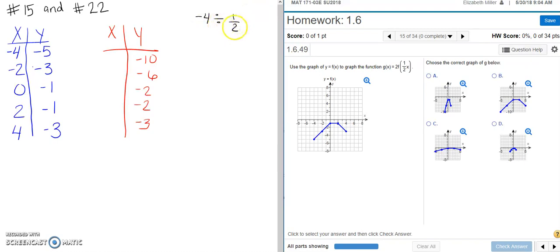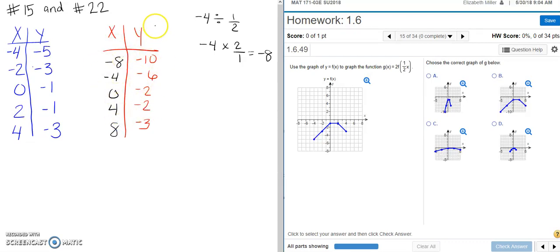When you divide by a fraction, you're really going to multiply by the reciprocal. That's a rule for dividing fractions. So it ends up being -4 times 2, so -8. You can also do this in your calculator. That's not a problem. So all of these get multiplied by 2 because we're dividing by 1/2.